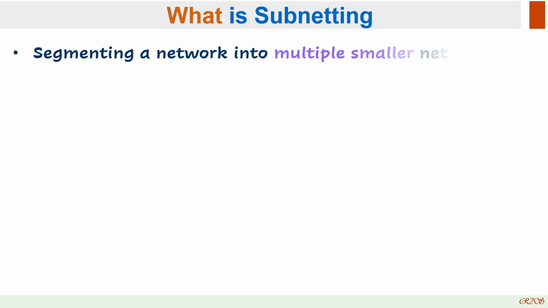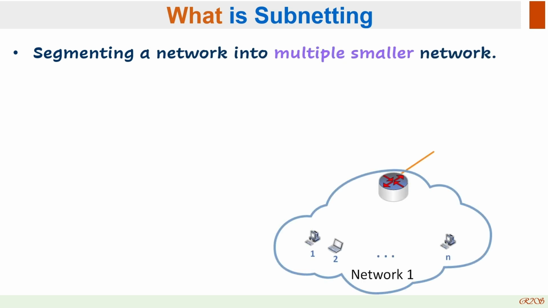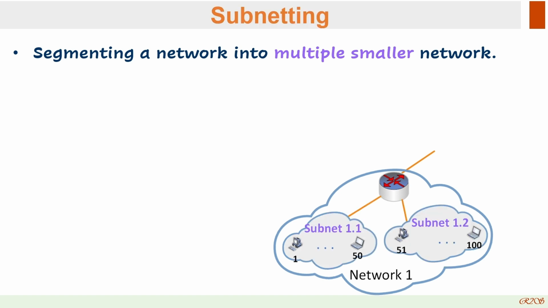So now what is actually subnetting? Very simple, very straightforward. If we have a big network or a big set of IP addresses, we want to divide one network into multiple networks, right? In this example, we had initially one network, and we are dividing this one network into two networks, subnet 1.1 and subnet 1.2. Very straightforward, no complications.